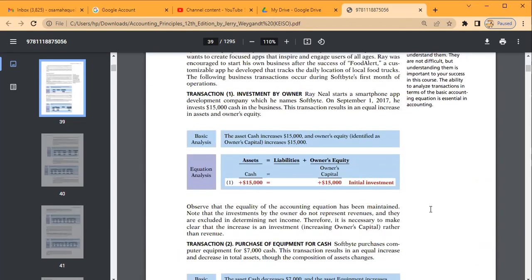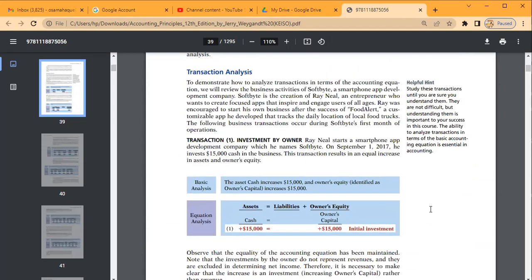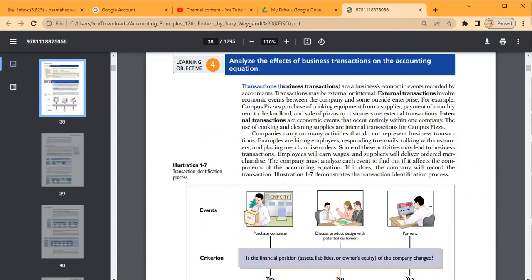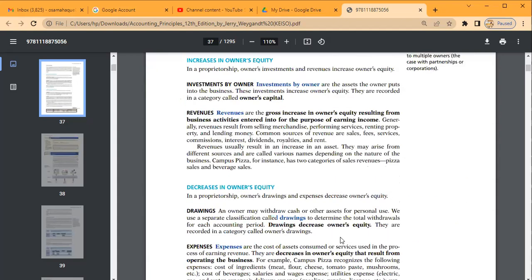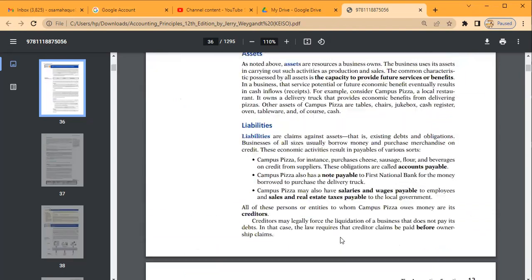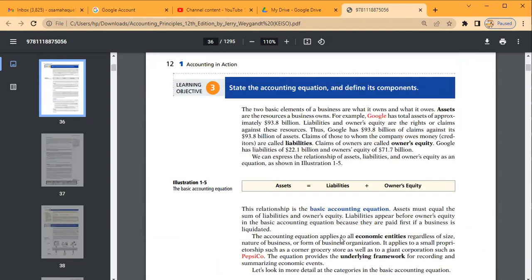Okay. Now let's discuss the accounting equation. Accounting equation is capital equals to asset minus liabilities. Capital equals to asset minus liabilities. Okay. You should write it. Capital equals to asset minus liabilities.